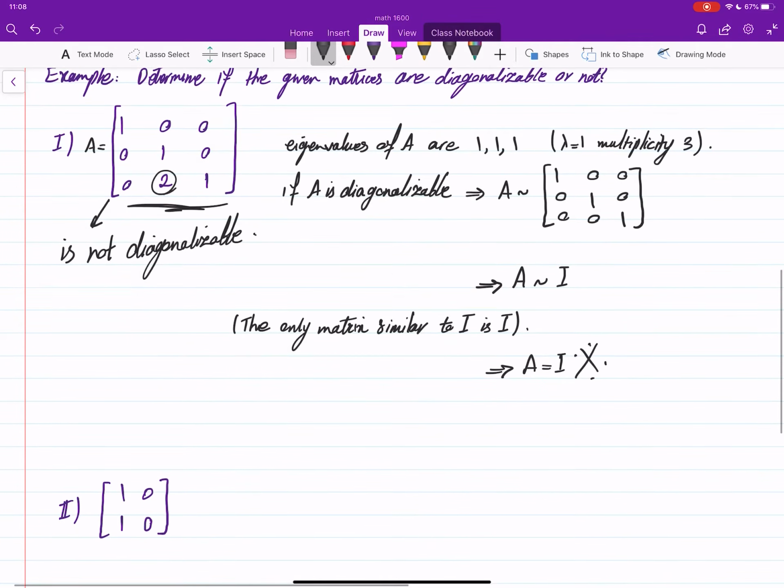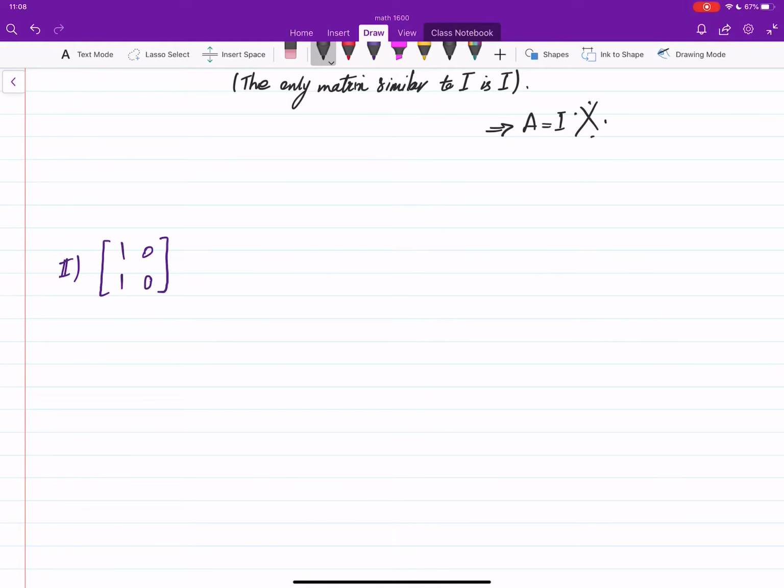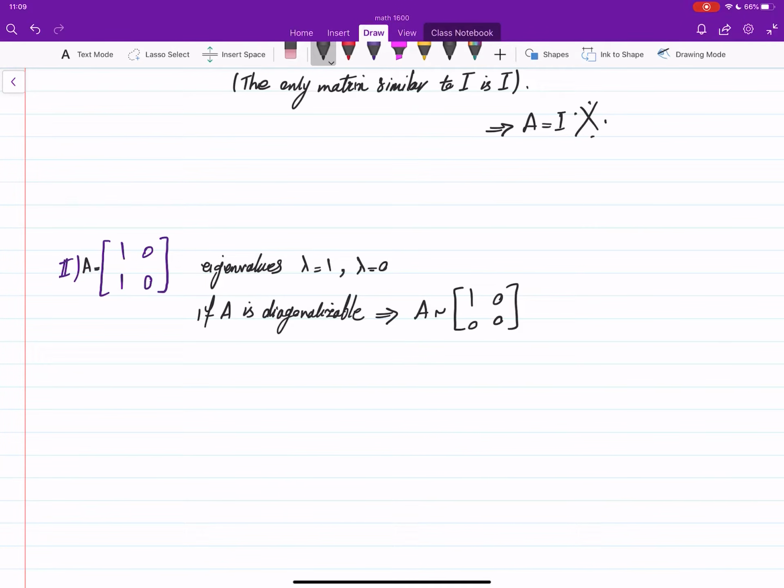Okay. How about this one? Okay, so this is again a triangular matrix. So the eigenvalues of A are 0 and 1. Yes. So if A, well, let me call this one A, is diagonalizable, then it must be similar to the diagonal matrix which has 1, 0 on the main diagonal.